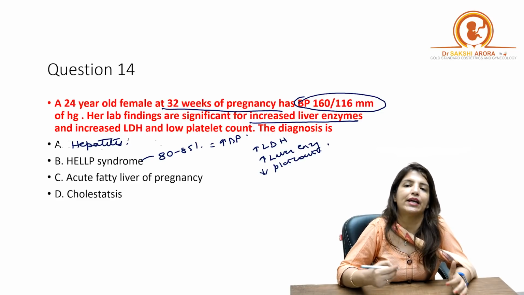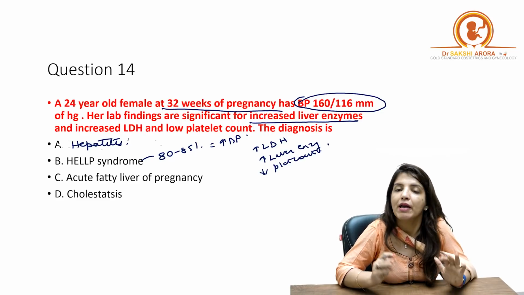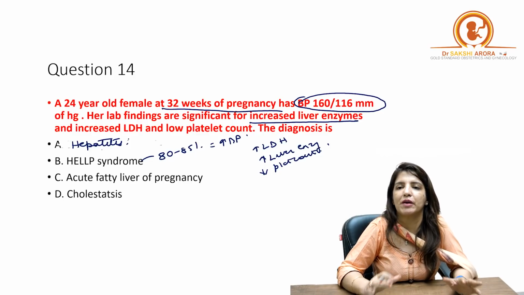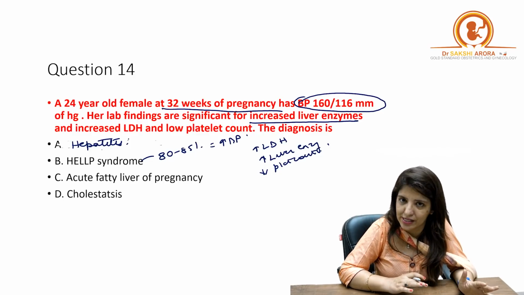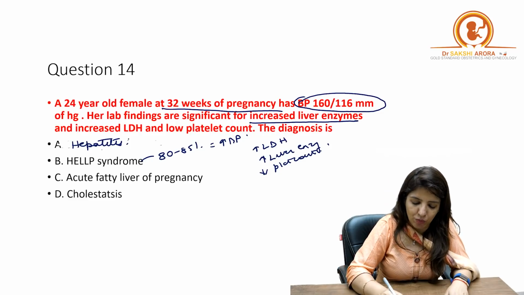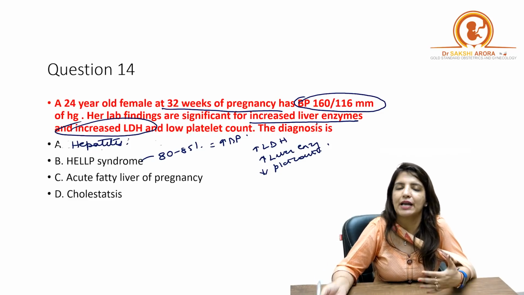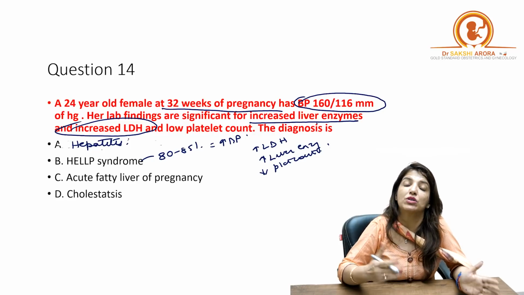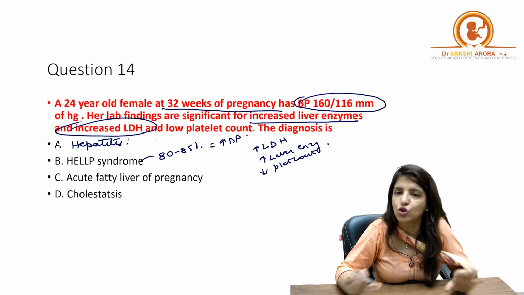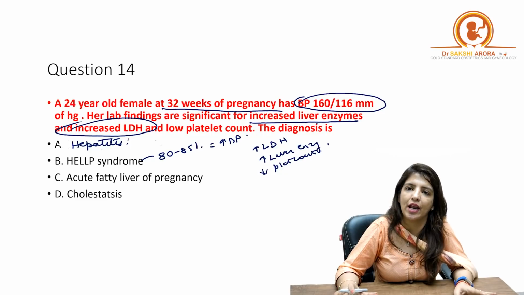But that doesn't mean that they cannot have HELLP syndrome. Right? So in this question, we are getting increased LDH, increased liver enzymes, low platelet count and high BP. That leaves no doubt that the diagnosis is HELLP syndrome.